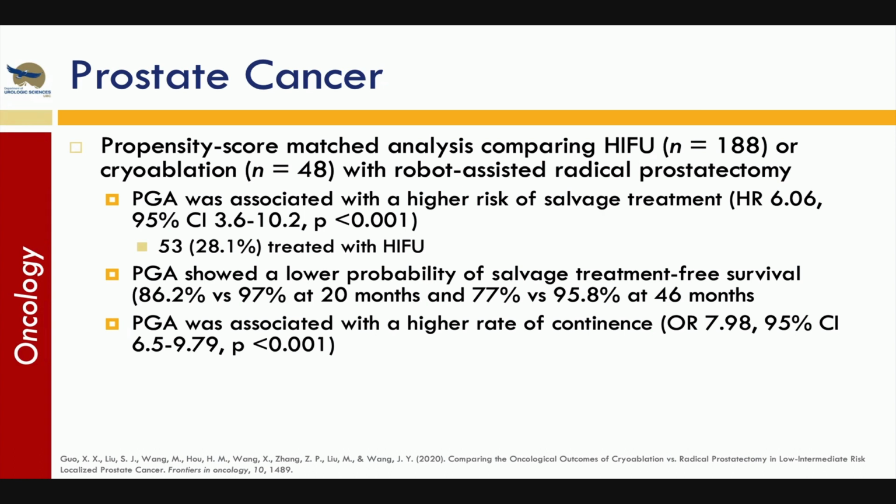It also showed a lower probability of salvage treatment-free survival, but it was associated with a better continence rate. So I think a lot of patients, the reason they'll go for HIFU is that it is actually established in the literature that it probably gives you better potency and continence, which is better preserved afterwards.